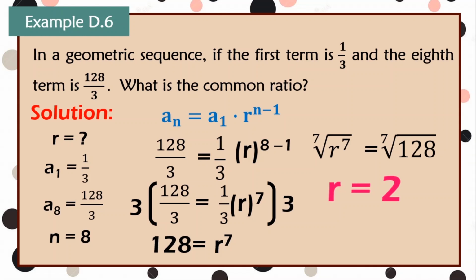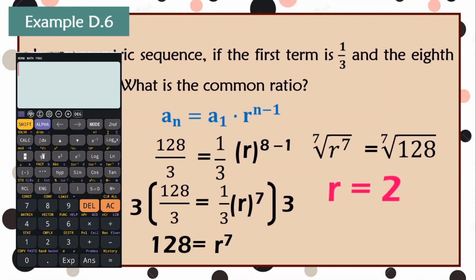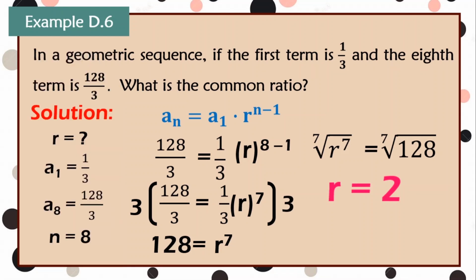Shift, then the key for the square root, then we change the 3 to a 7th root, then we have 128, and that is positive 2.